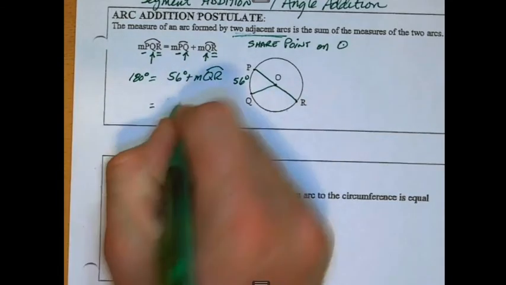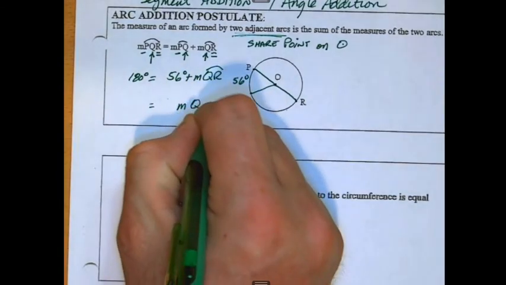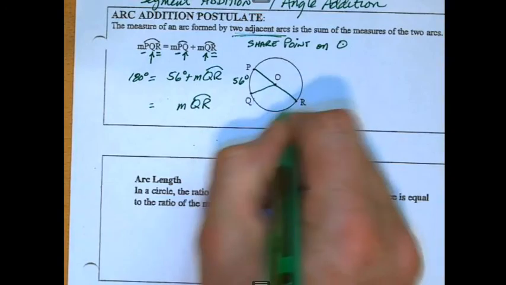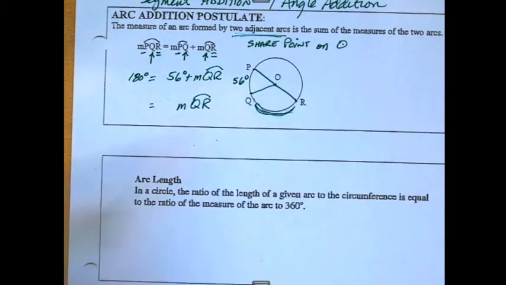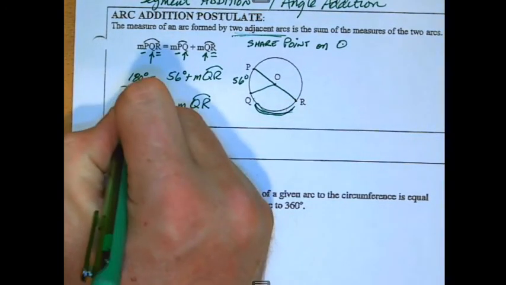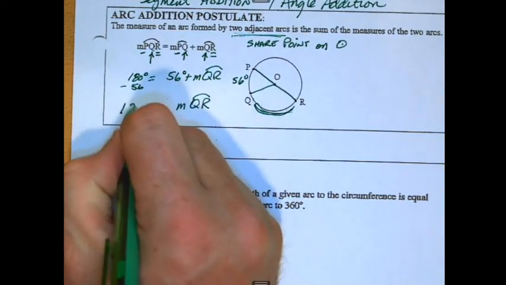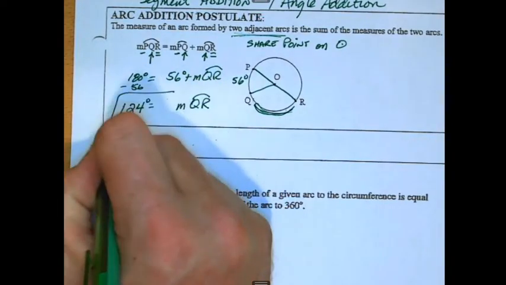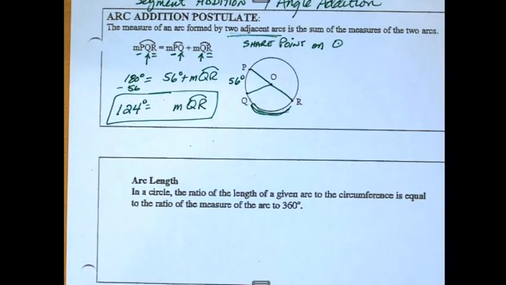Coming back. All right, the measure of arc QR, which is this minor arc right there, is going to be 180 minus 56, which is 124 degrees. And then from there we can find all the other ones.